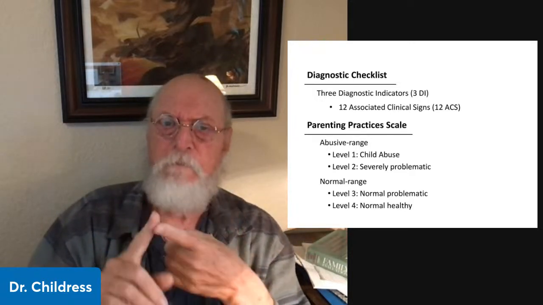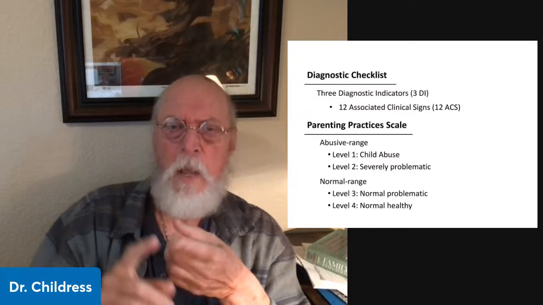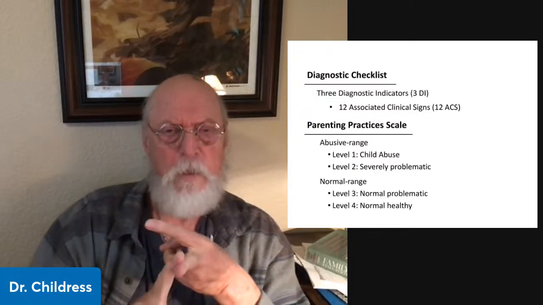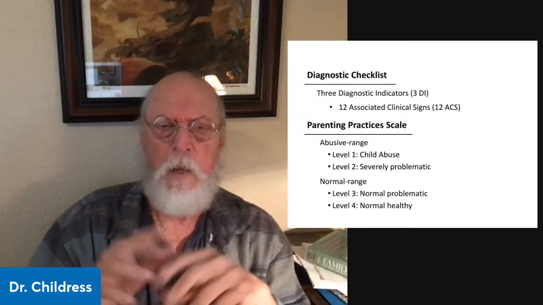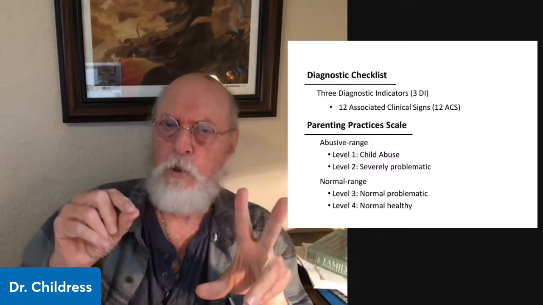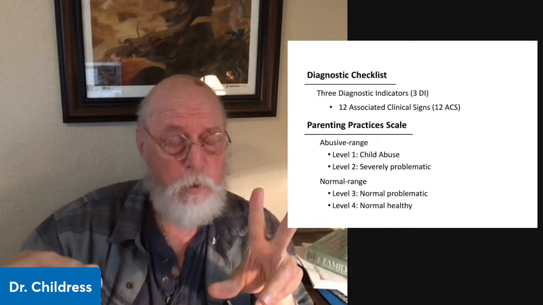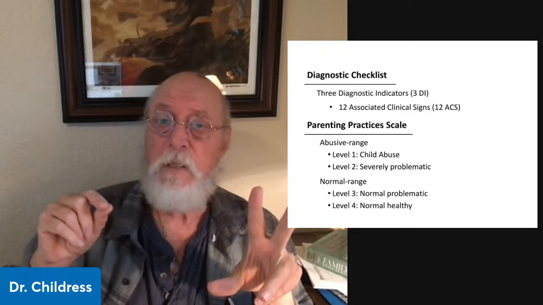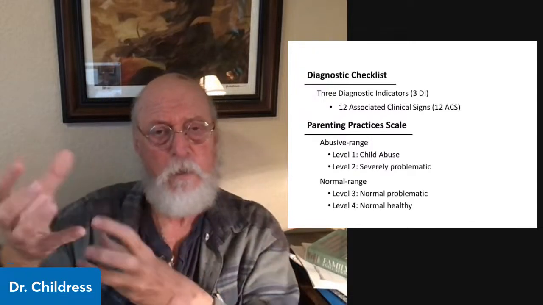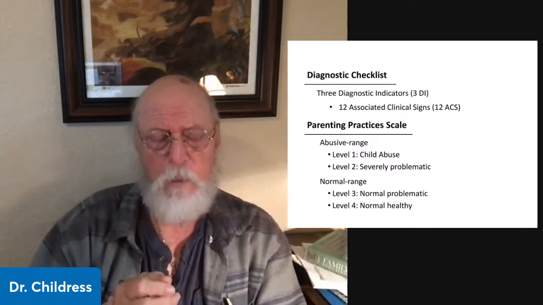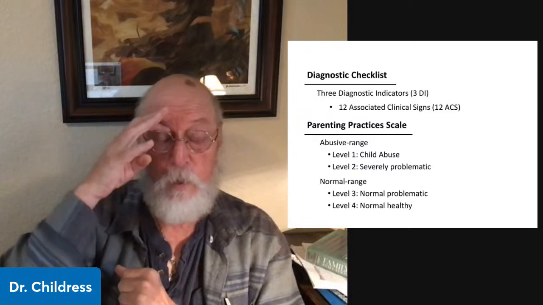A delusion is a fixed and false belief maintained despite contrary evidence, and a persecutory type is defined by the American Psychiatric Association as delusions that the person or someone to whom the person is close is being malevolently treated in some way. So, do we have this fixed and false belief that the child is being malevolently treated in some way? There's your persecutory delusion. That's diagnostic indicator 3.